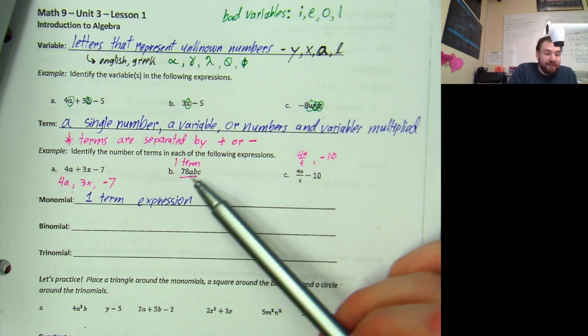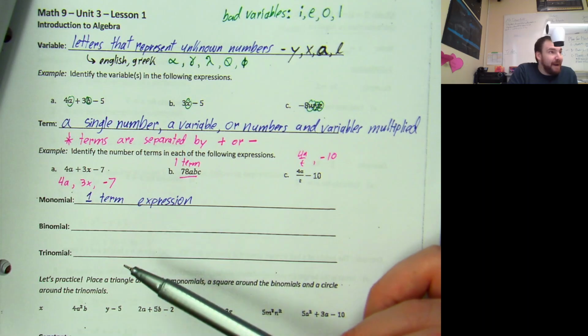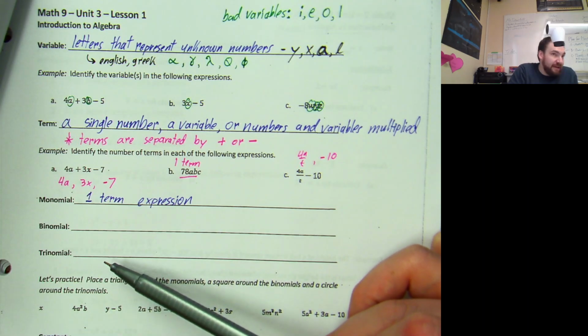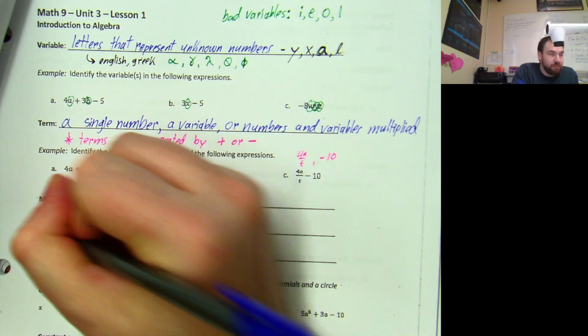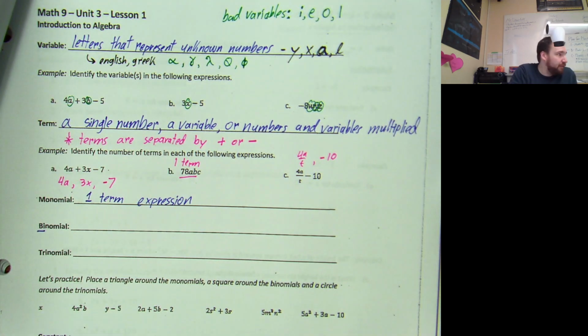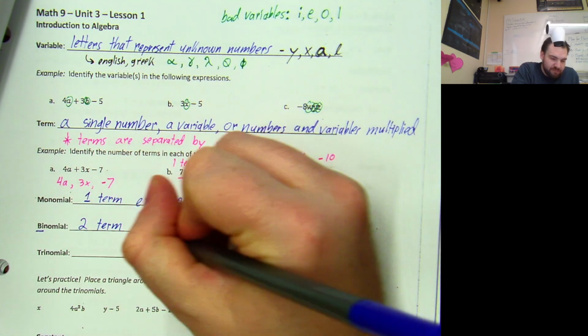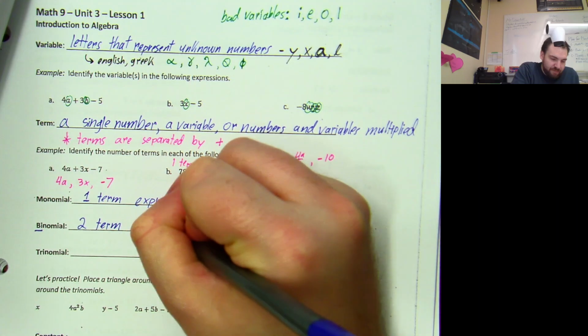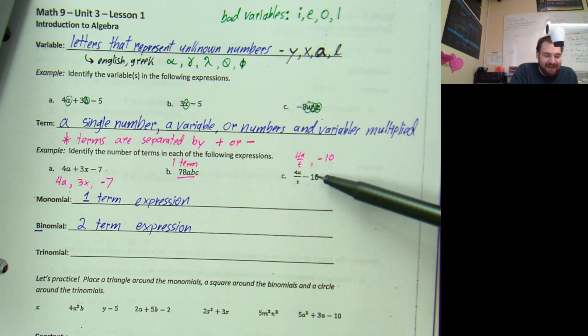This is a monomial here. 78ABC would be our example of a monomial. A binomial is, Carolyn? It's going to have two because bi means two, like bicycle. And we've got a binomial up here, 4a over t minus 10.